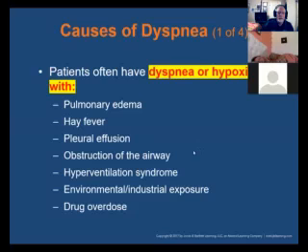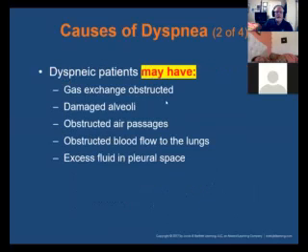All right. Pleural effusion, then obstructions of the airway, hyperventilation syndrome, those environmental and industrial exposures, drug overdoses, obstruction of gas exchange, damage to the alveoli. That would sure do it, wouldn't it? Obstructed airway passages, and that could be the upper airway. You probably don't even know what a Tinker toy is.